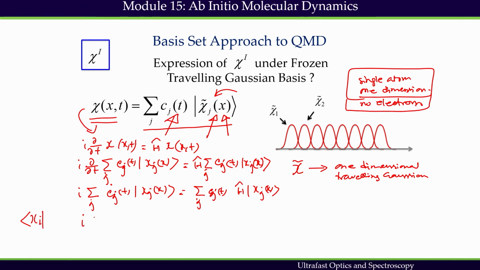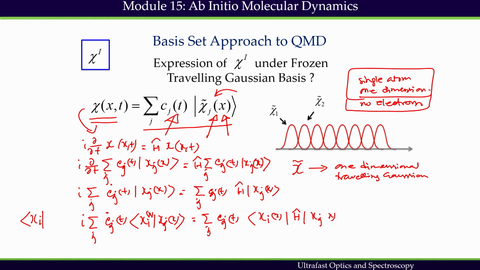So I can rewrite this expression as the sum over j of c_j dot, the time derivative, then the integration of chi_i(x) chi_j(x), both functions of x, equals the sum over j of c_j(t), then chi_i(x) H chi_j(x).